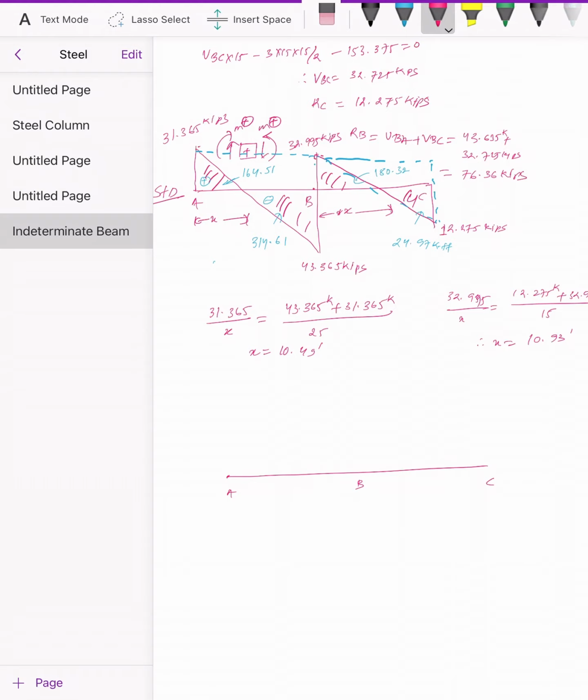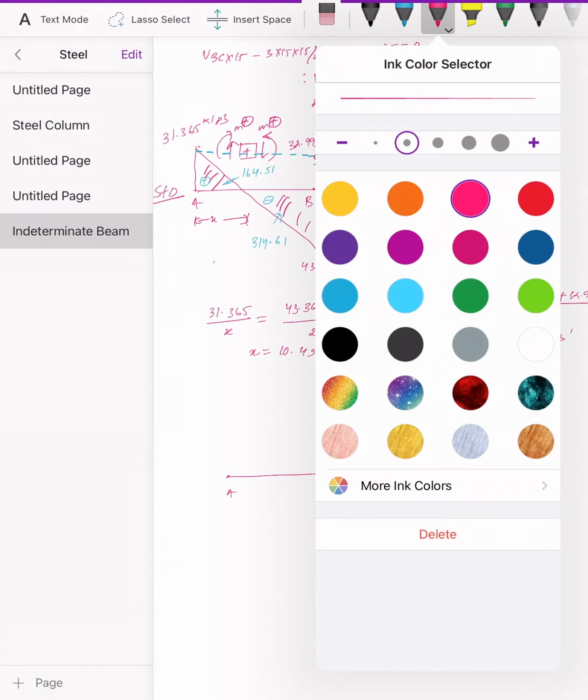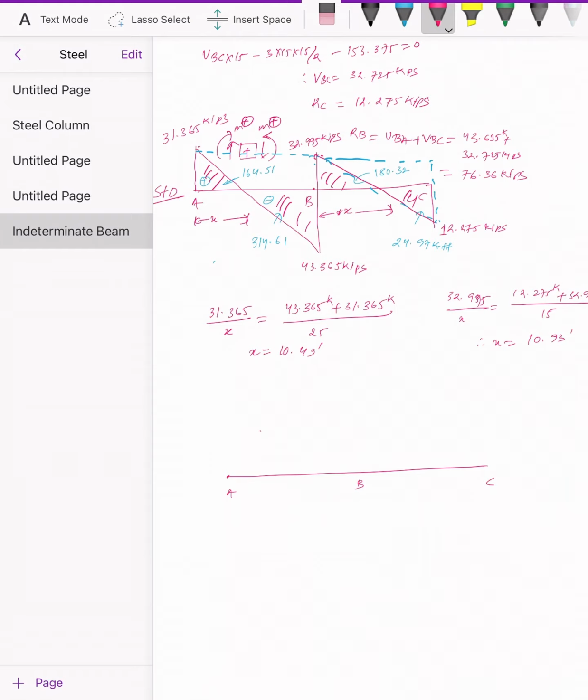The moment here is 0, so the slope is maximum here, hence the curve will go this way, maximum, and decreasing, and it will be 0 here. So that moment is equal to 164.51 kip.